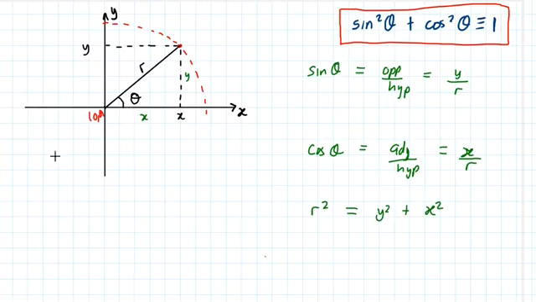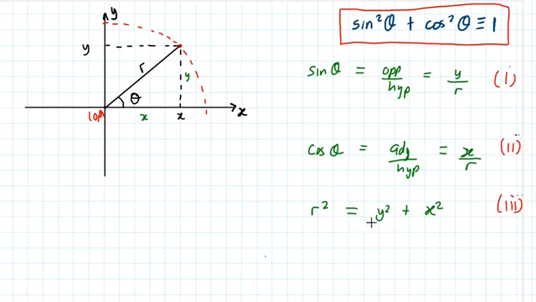The final thing we need to do is, since we have y squared and x squared, substitute y and x into this equation. So this is our first equation, this is our second equation, and this is our third equation.